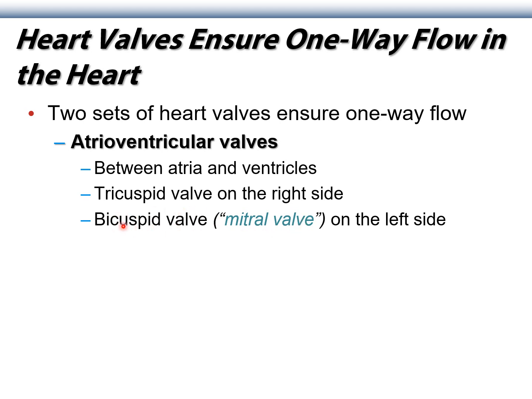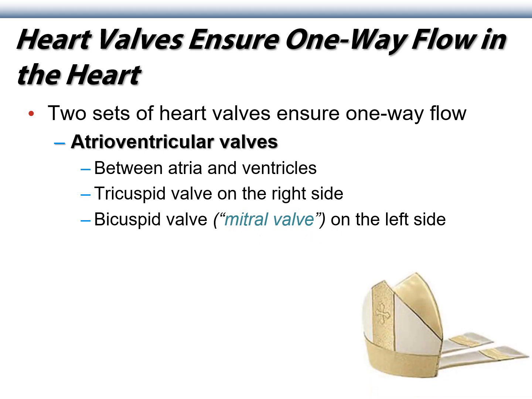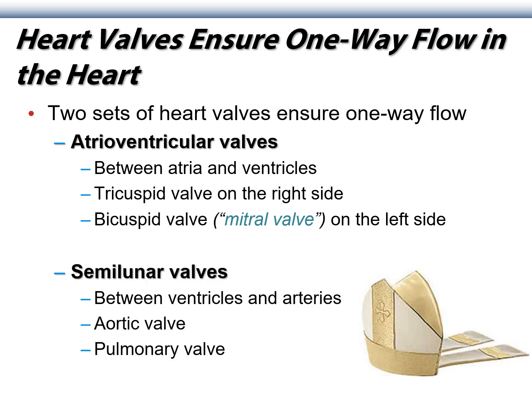It's called a bicuspid valve, or sometimes a mitral valve, named after a bishop's mitre, which has kind of two leaves on it. That's on the left side, and this is by far the most common cause of valve pathophysiology. Regurgitation, valve failure, is this bicuspid/mitral valve.